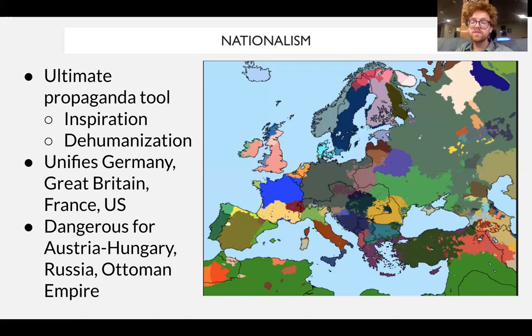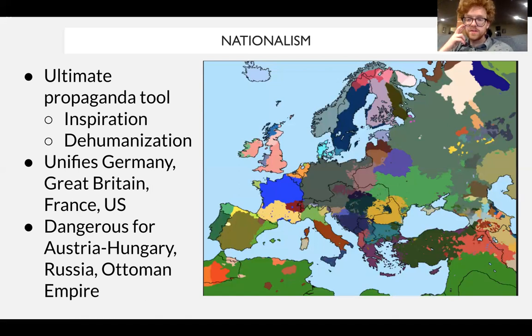How do we convince people to go and kill other people? Well, we give them a nameless, faceless enemy, an enemy that stands against everything you're in favor of. So nationalism in these 2 senses is going to be a unifying factor in countries like Germany, Great Britain, France, the United States.